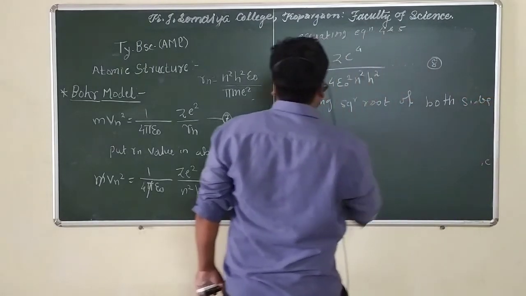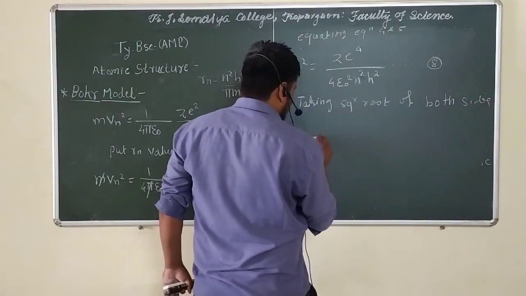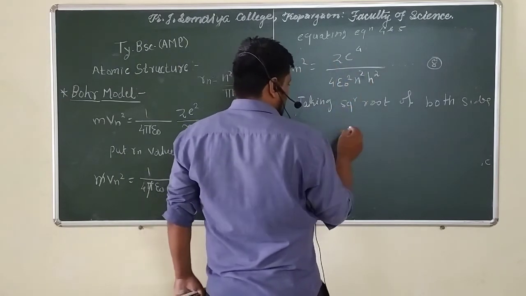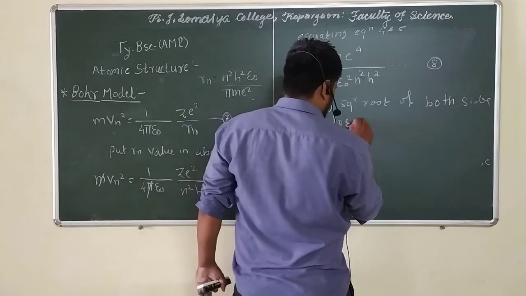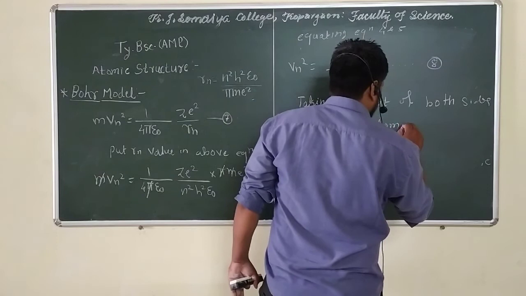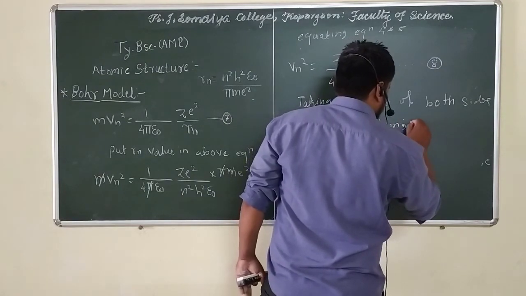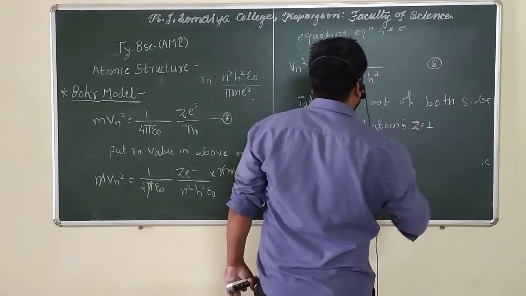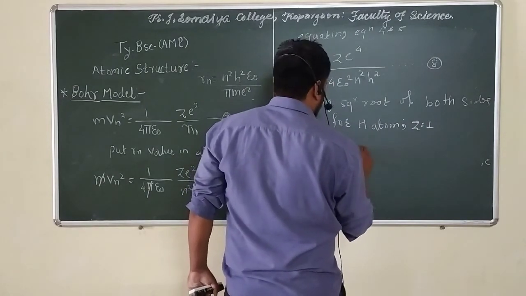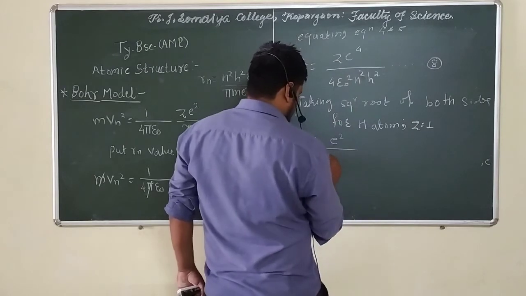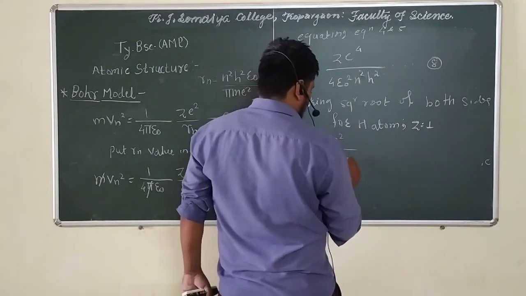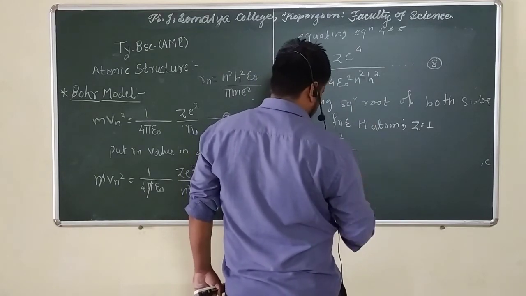we get Vn is equal to, for hydrogen atom you have to know that z is equal to 1, so e square upon square root of 4 is 2, square root of epsilon naught square is epsilon naught, n square is n and h square is h.